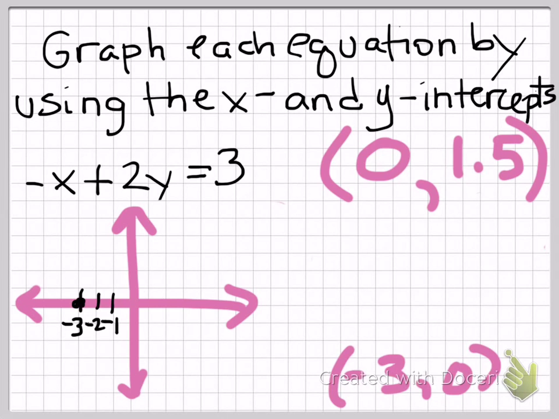I'm going to put a point, and then I'm going to go to 0, 1.5, which would go about in the middle here. And I'm going to connect the 2 points. So that would be my graphed equation.